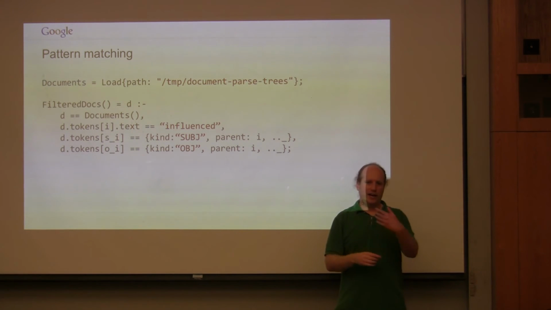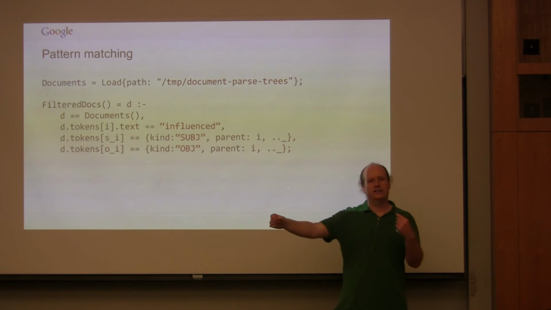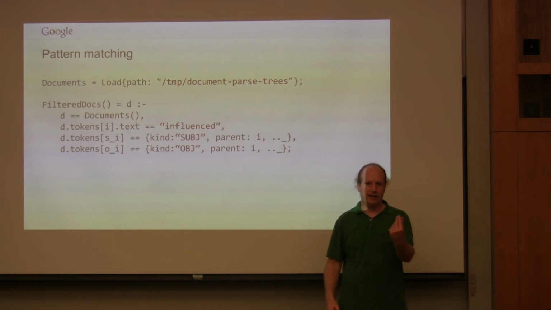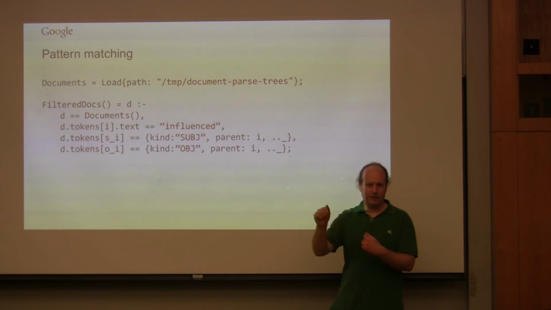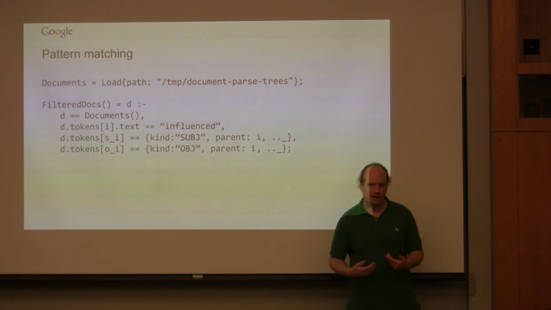If you say I is greater than SI, for every SI that you find, you will get all I's that are bigger. For example, for SI equals 5, you will get I equals 6, 7, 8, 9, 10, and so on. For SI equals 6, you will get I 7, 8, 9, 10, 11, 12, and so on. Okay?